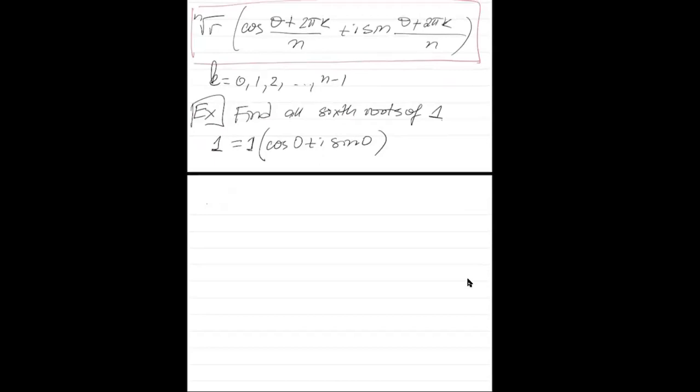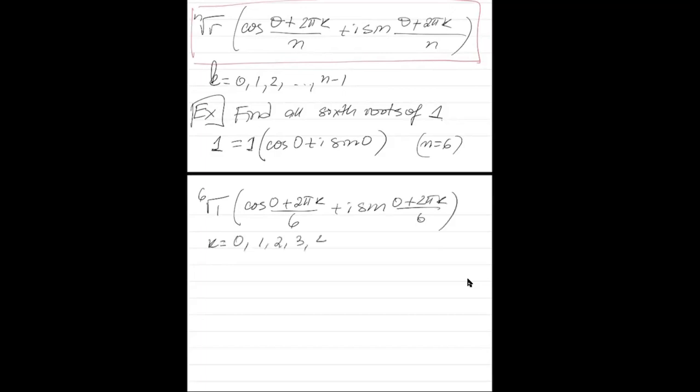So we want to find the sixth root of 1. That's our formula, right? The nth root of r. I'm going to write here what we're doing. N is equal to 6 if we're doing the sixth root. And then cosine of 0 plus 2 pi k over 6, plus I sine 0 plus 2 pi k over 6, where k is equal to 0, 1, 2, 3, 4, and 5.